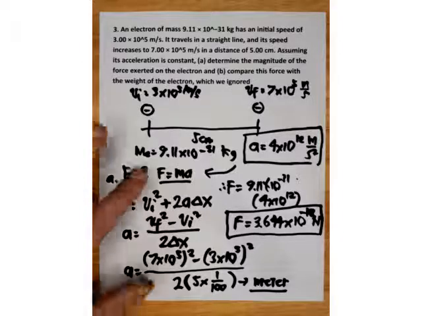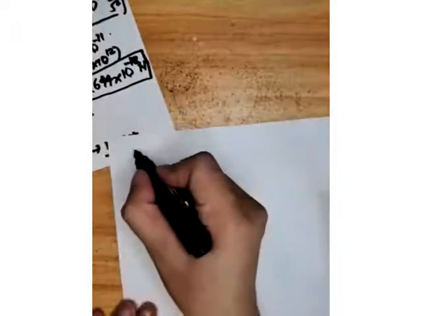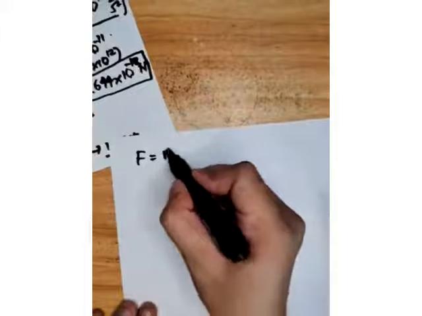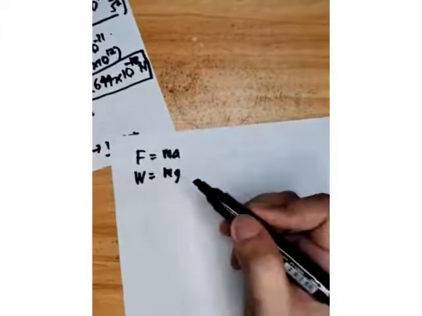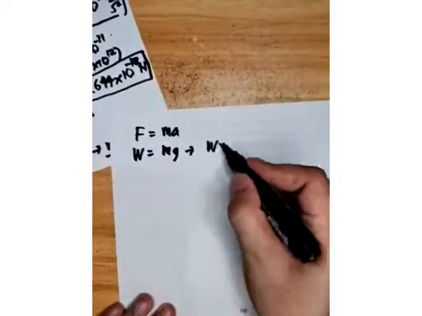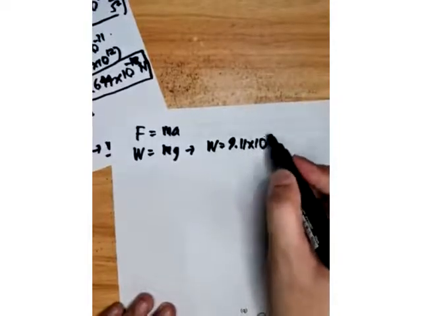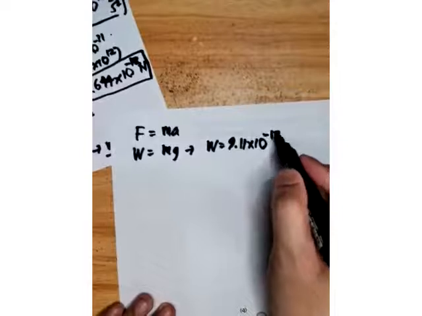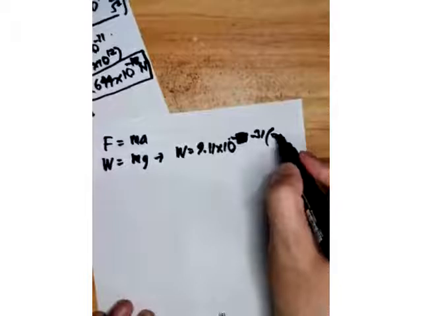Okay, so let's finish the part B. I-compare daw natin yan sa gravitational force which we ignored. Di ba ang second law is force is equal to ma. Kaya dyan nanggaling yung weight is equal to mg. So, kung kunin natin yung weight, the mass is 9.11 times 10 raised to negative 31 times 9.8.